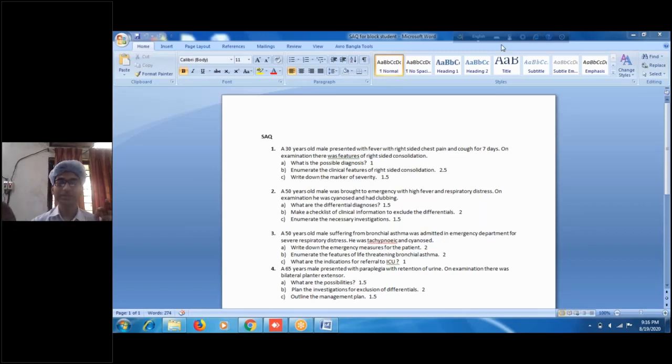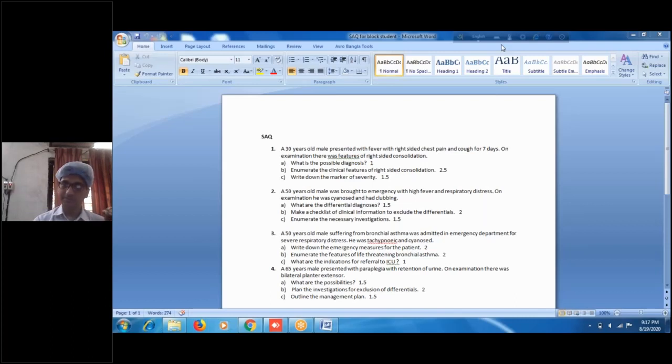If any examiner notices your diagnosis like right-sided pneumonic consolidation, whoever the examiner may be, he or she will understand that my student is very intelligent. So when you are writing a diagnosis of a particular statement, try to incorporate all the messages given in your statement into the diagnosis. Then you will carry full marks for that particular question.